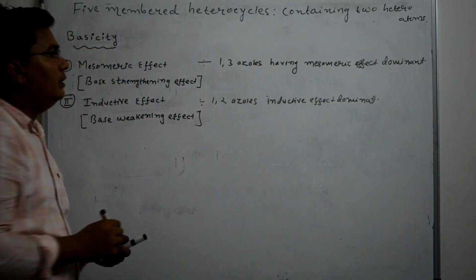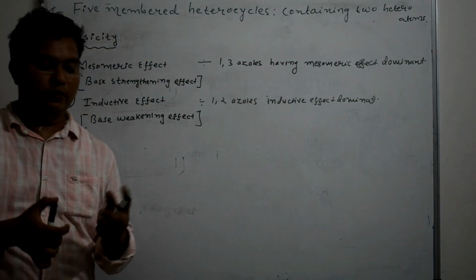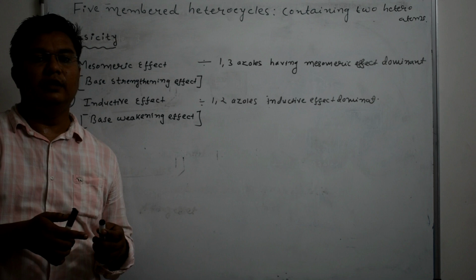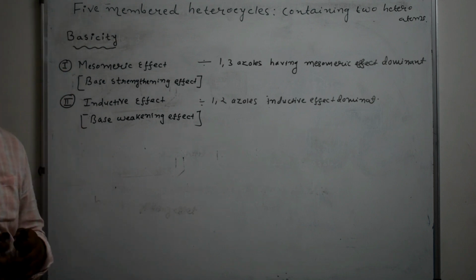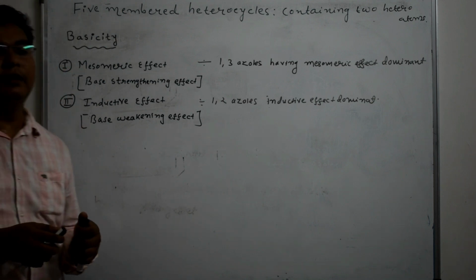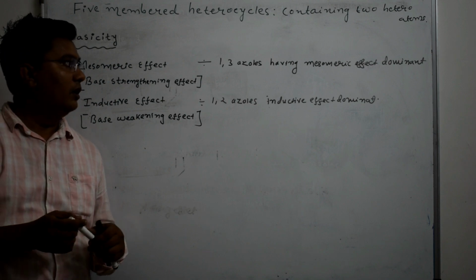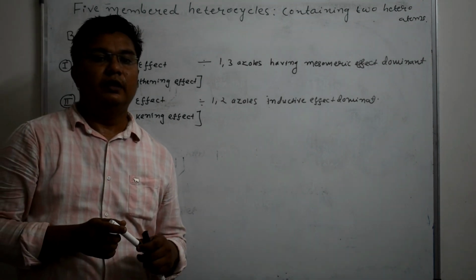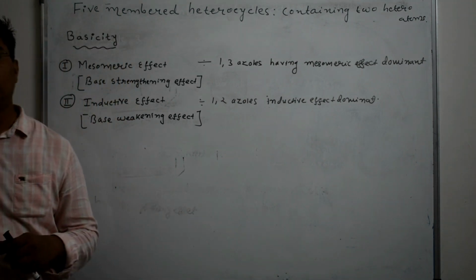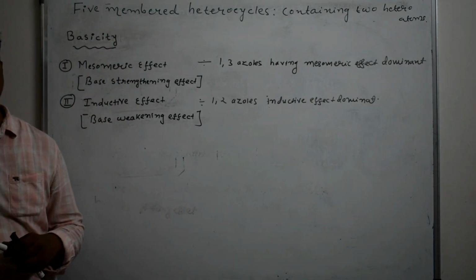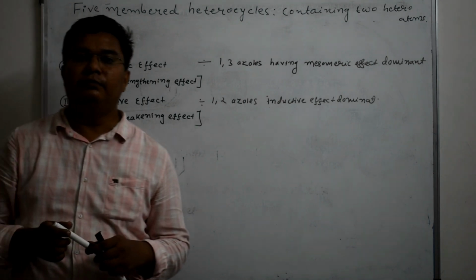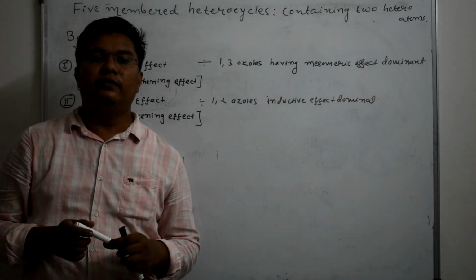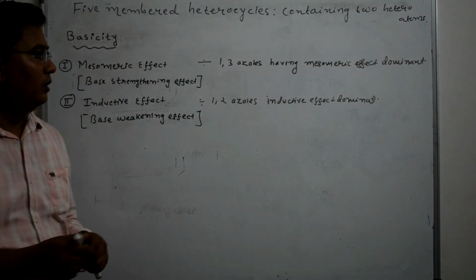Due to the presence of two heteroatoms adjacent to each other, their inductive effect becomes dominant, or plays a major role. While in 1,3-azole, the two heteroatoms are at the 1 and 3 positions, so the mesomeric effect will be dominant. There will be a lesser inductive effect compared to a 1,2-azole.